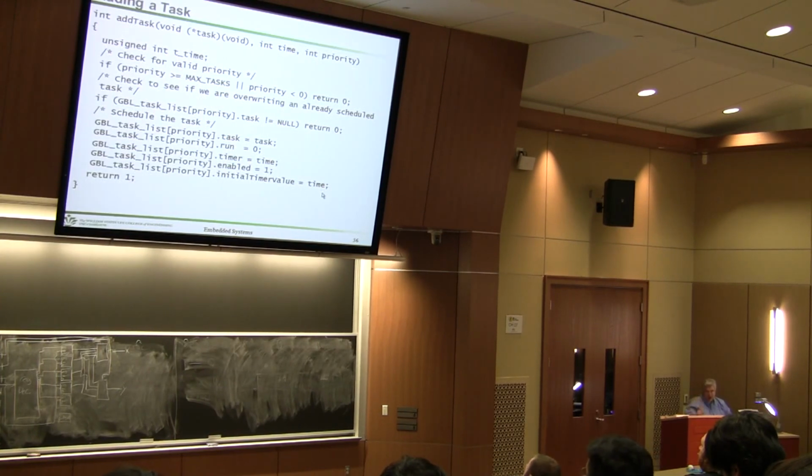In other words, you're starting at its full frequency and you're going to start counting down. Notice that you're putting it in your global task list in the specific priority. So if you set your priority as 1, then it will put it into the second structure for this list.